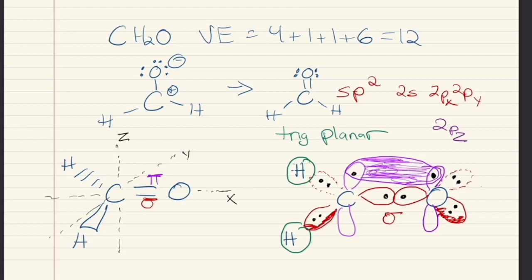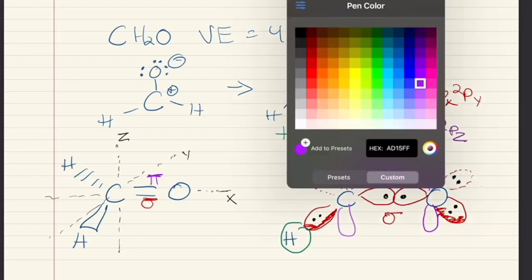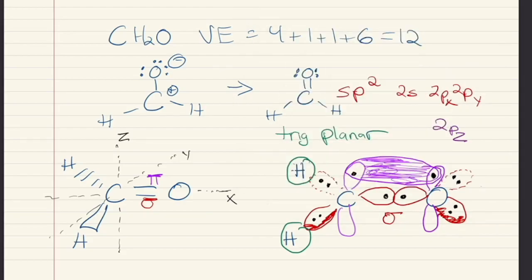Okay, we have electron density in between the hydrogen and the carbon here, which are two other sigma bonds, right? And I should use a darker color, obviously. Two other sigma bonds, which are these bonds.